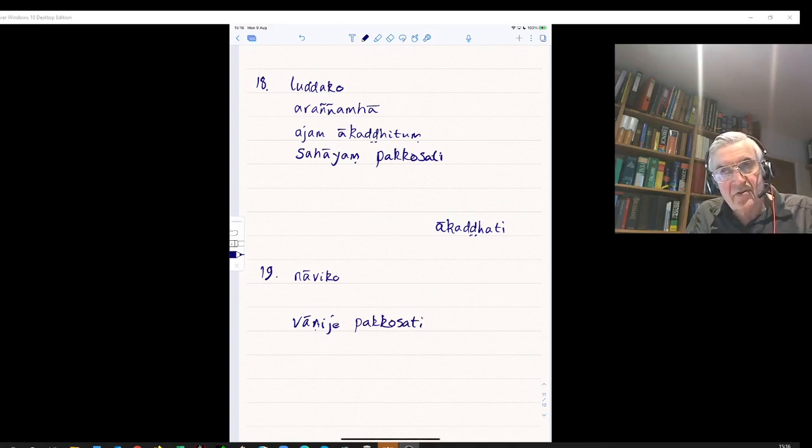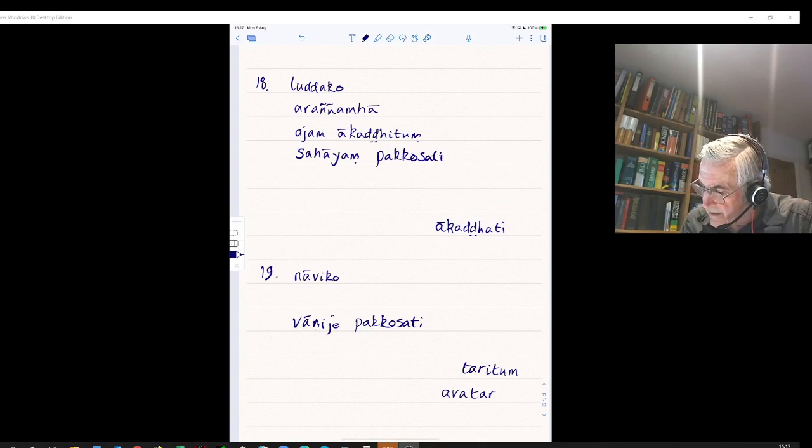To cross the sea. We can use the word samudda. And to cross, it's the root tar. He crosses is tarati. To cross is taritum. And we know in Sanskrit, to come down from one level to another is avatarati.